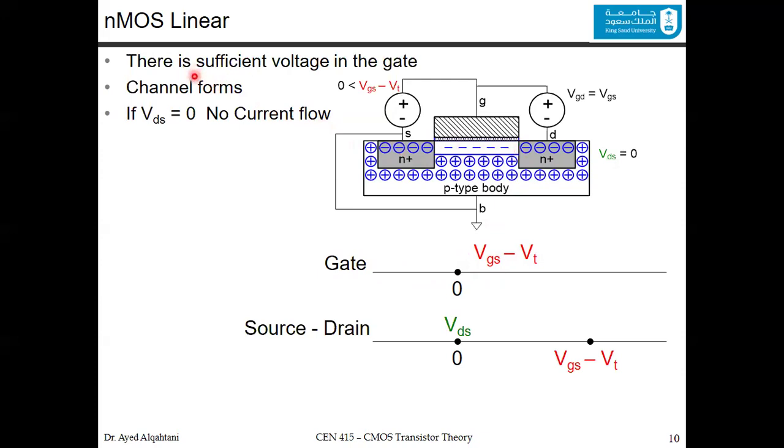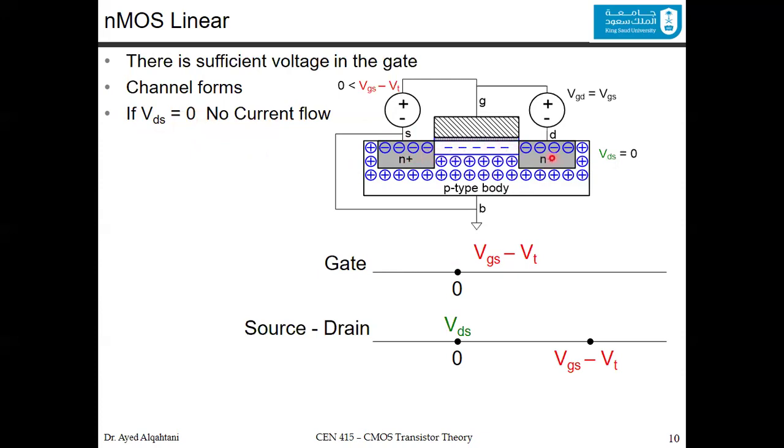However, there is no voltage applied between the source and the drain. So if we say that VDS is equal to 0, yes, the channel is formed and there are electrons there, but they are not moving.